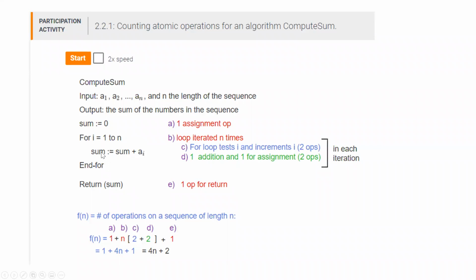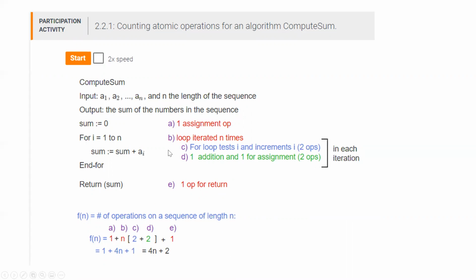Then inside, we count 2 because we've got 1 addition and 1 assignment. So altogether there's 4 inside the loop, but this is done n times. Then when it's all done, we have 1 step, the return.